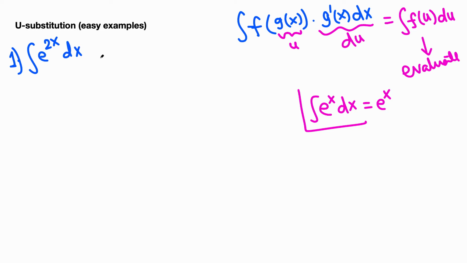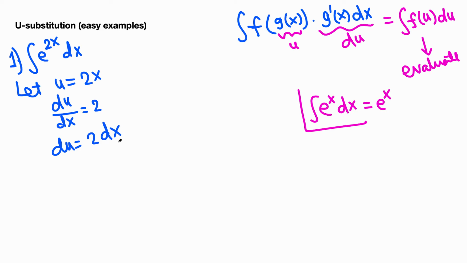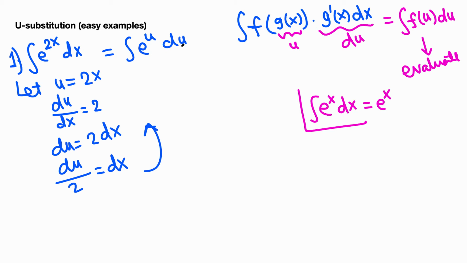Then we let u be 2x, and we take the derivative of both sides with respect to x, and we write in differential form, so du is 2 dx. Then we isolate dx, so du over 2 is dx.